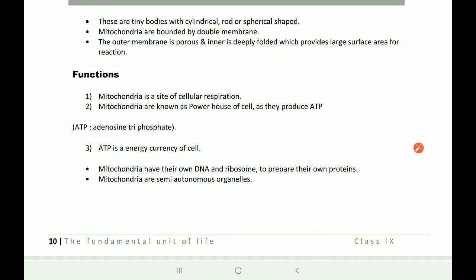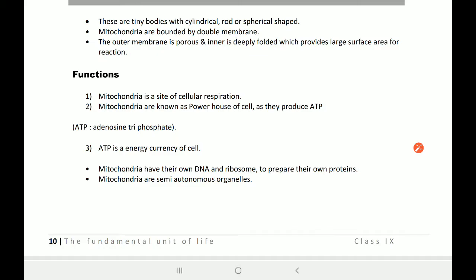Mitochondria is known as the powerhouse of the cell. Just like lysosomes are considered the garbage collector, or maybe suicidal bomb, similarly mitochondria are called the powerhouse of the cell. They produce ATP, the energy currency.